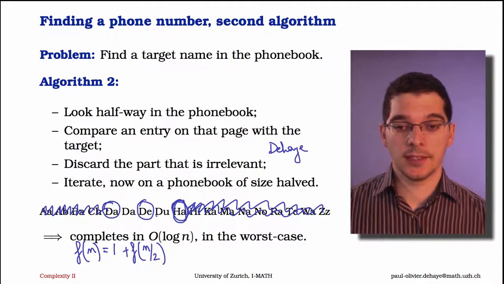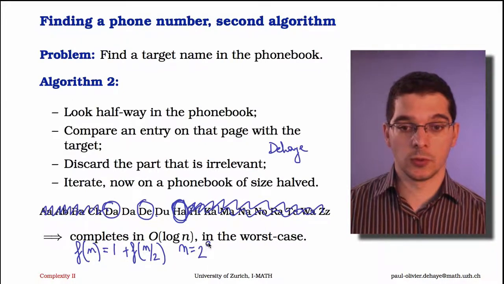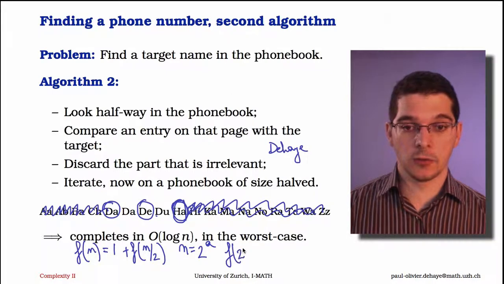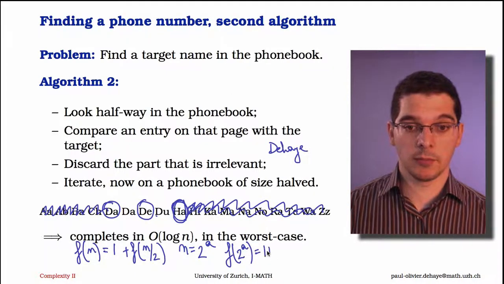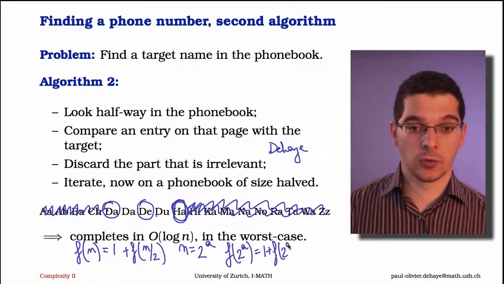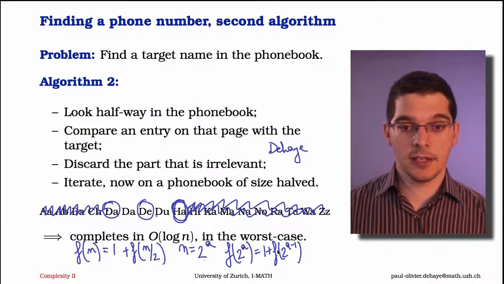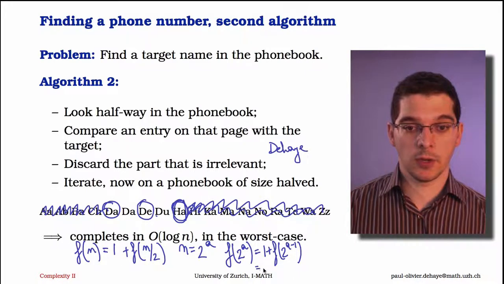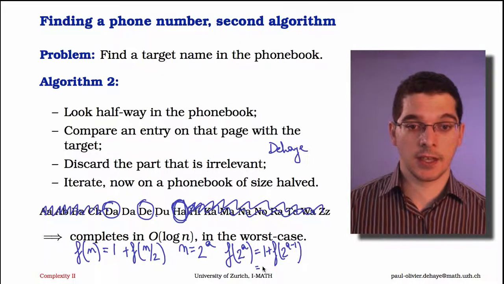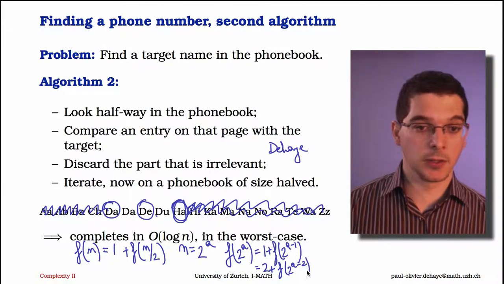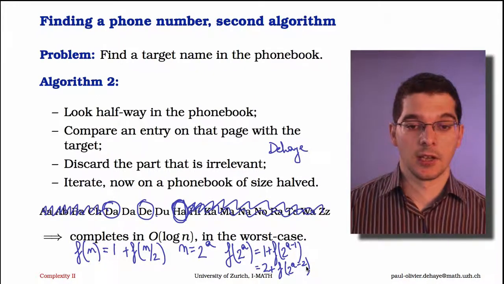Okay? So let's say for a minute that n is equal to 2 to the a. Then what this is saying is that f of 2 to the a equals 1 plus f of 2 to the a minus 1. And then f of 2 to the a minus 1 would be 1 plus f of 2 to the a minus 2. So this is 2 plus f of 2 to the a minus 2, and so on and so on.